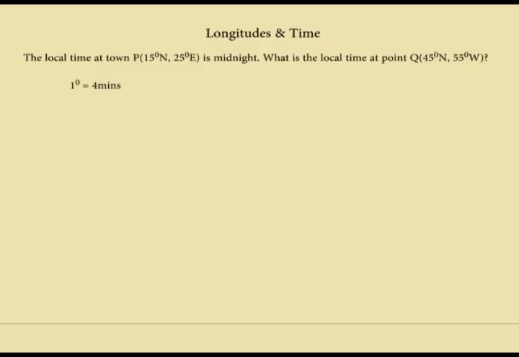The angular distance, one is in the east and the other in the west, so we add the angles. 25 plus 55 will give us 80 degrees. The time difference, 80 times 4, gives us 320 minutes. That is equivalent to 5 hours, 20 minutes. Q is behind P in time, and so we subtract. 12 minus 5 hours 20 minutes will make it 6:40 p.m.